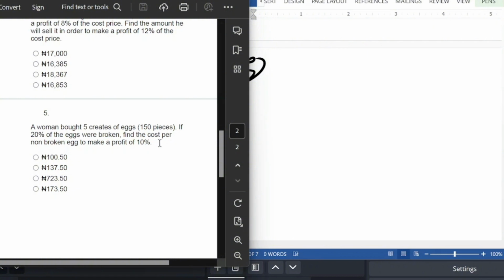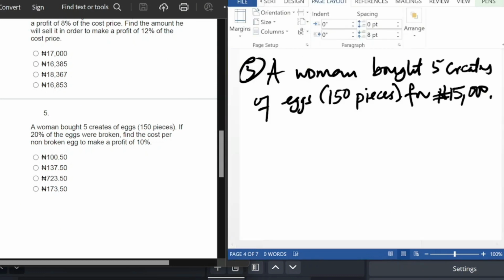The price is missing here, sorry for that. Let me check. All right, I've got the right number: she bought 5 crates of eggs, 150 pieces, for 15,000 naira.